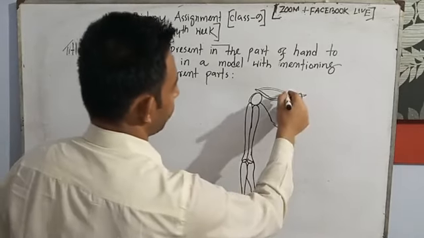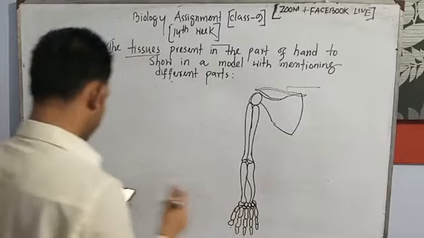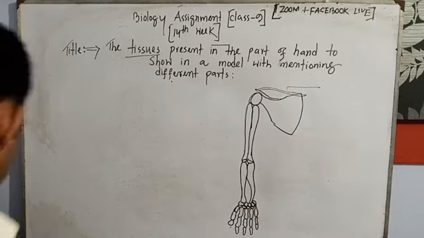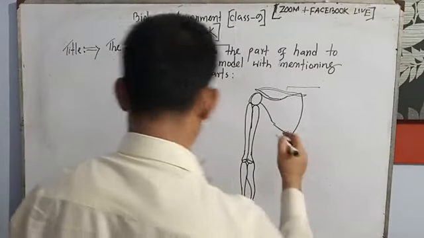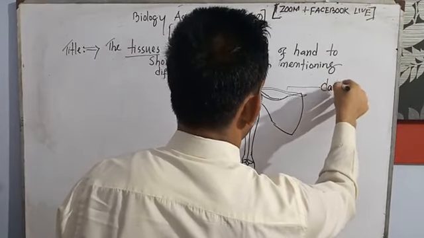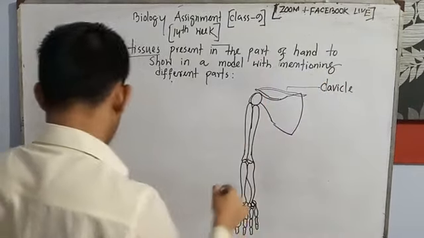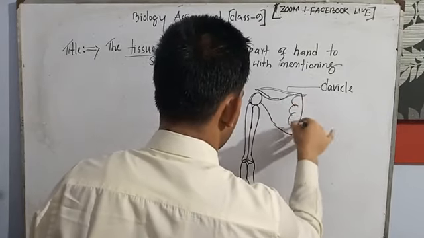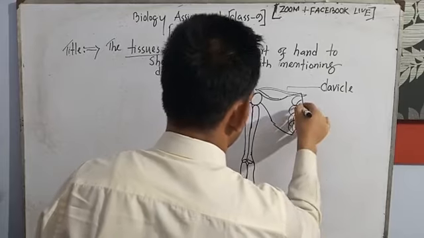We will try to mark those parts. Is it done? Yes, looking not bad. Okay. Clavicle. This one is the, yes, that type of structure can be seen on there.